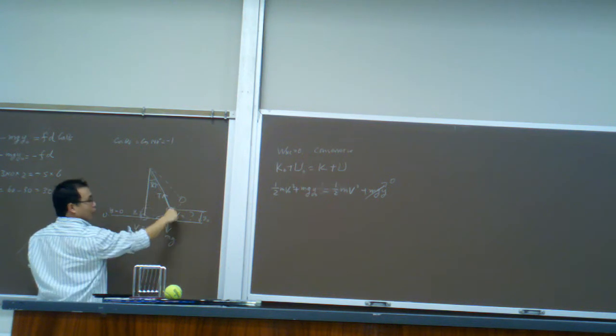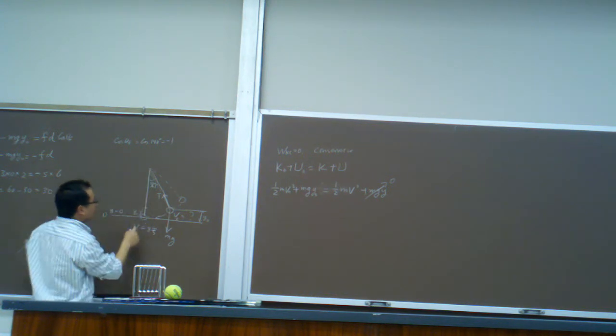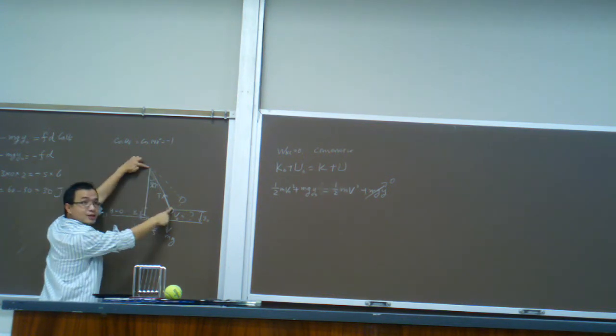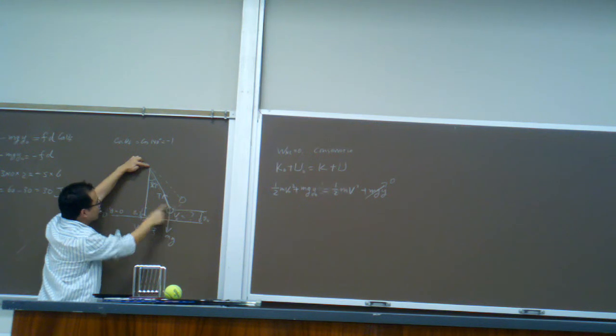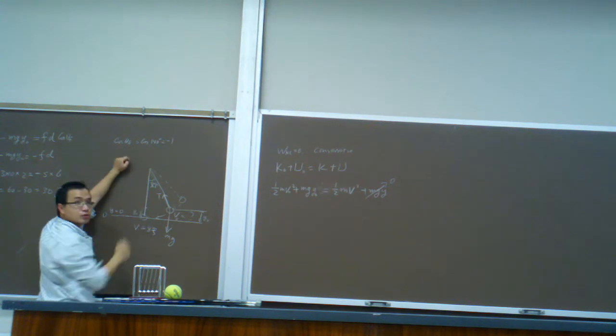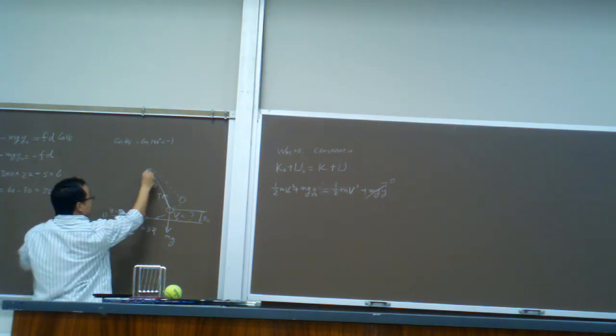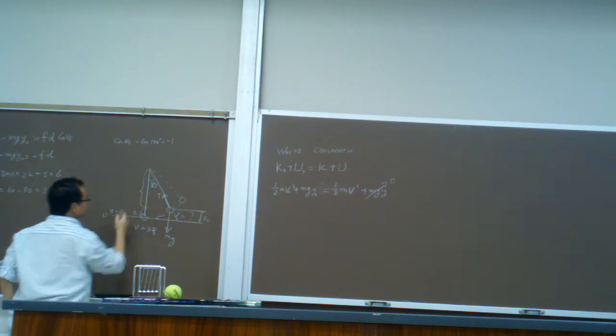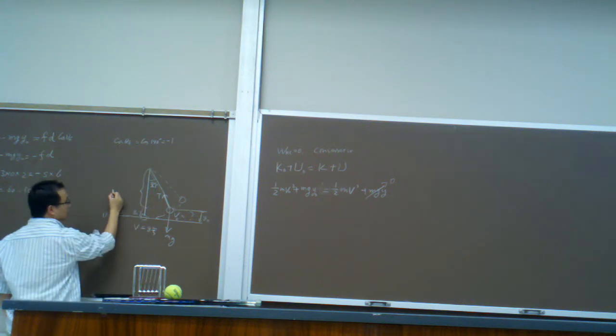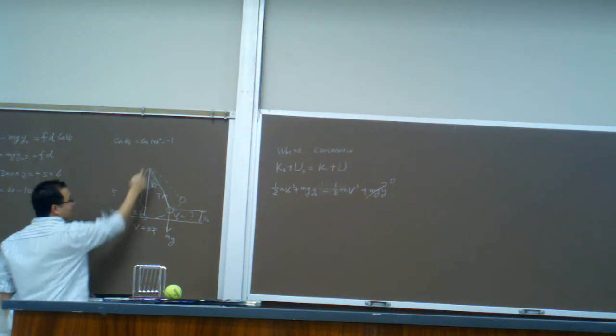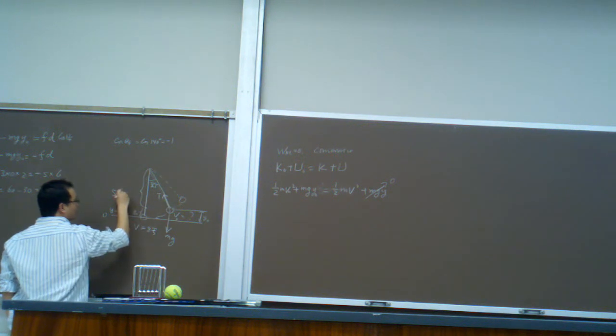If you look at this triangle, you know the hypotenuse. What's that? 5. And you know the angle 36.9 degrees. So this length can be expressed as 5, the hypotenuse, multiplied by cosine 36.9.